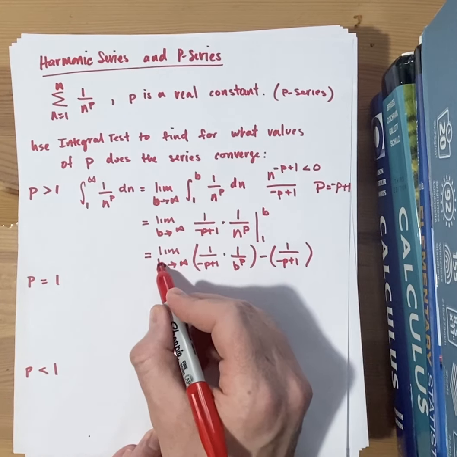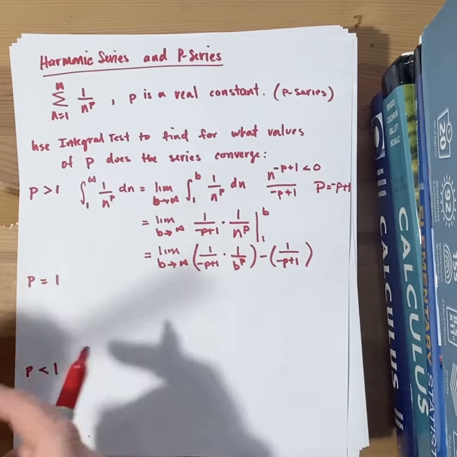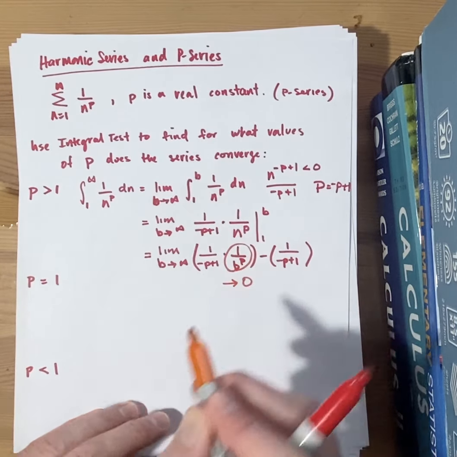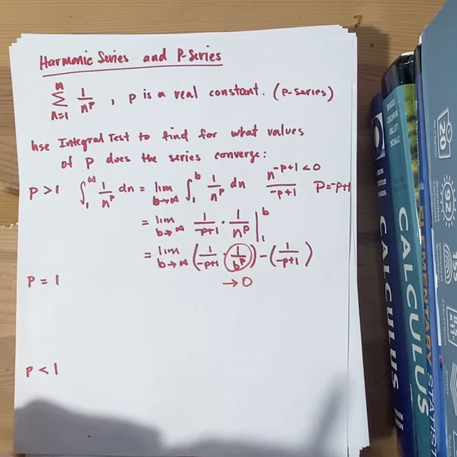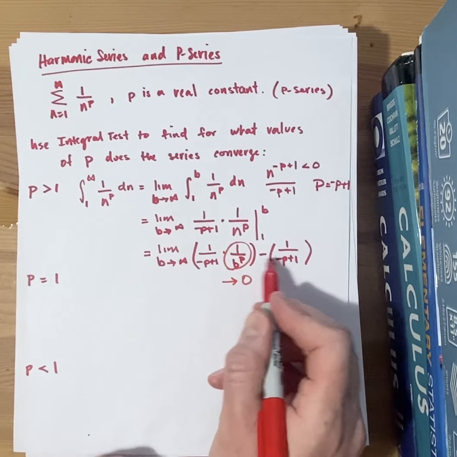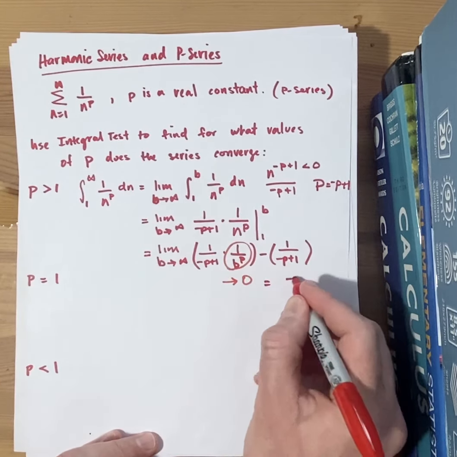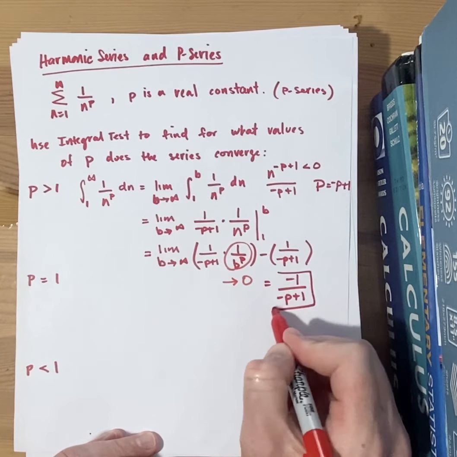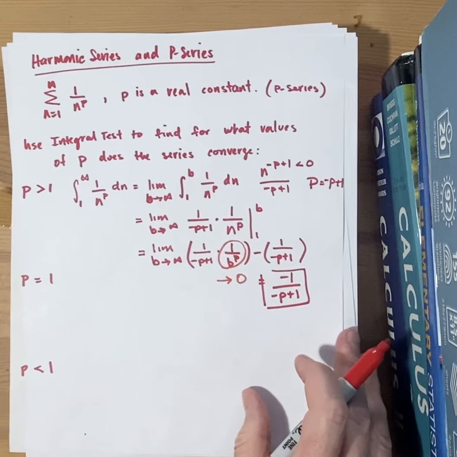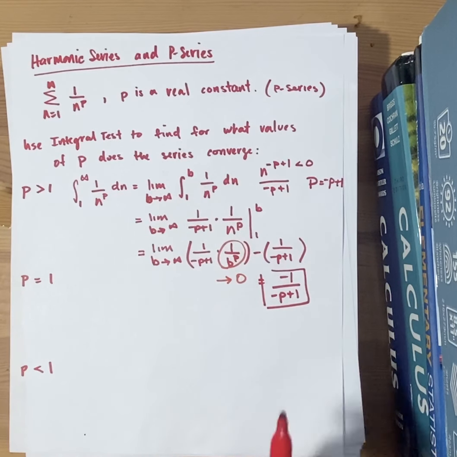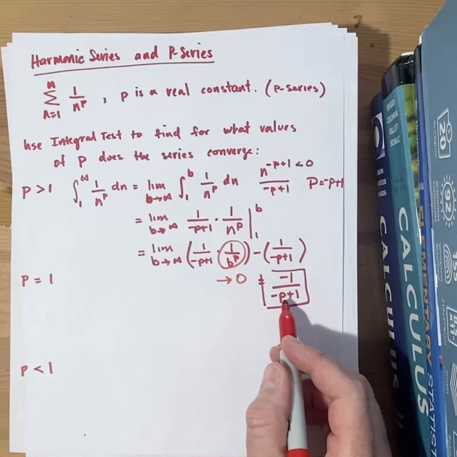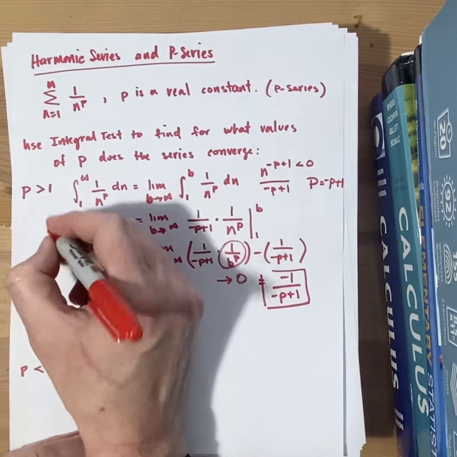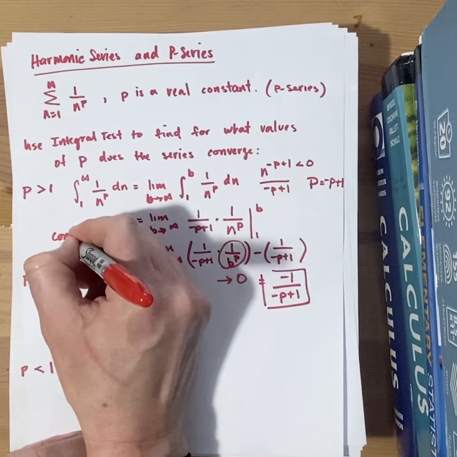Now, if b is going to infinity, then we know that this whole thing will approach 0. So here you have 0 minus this notation here, and that will be our answer. So we do get a value if p is some real number, constant. Because this is real, we know that this is going to converge.